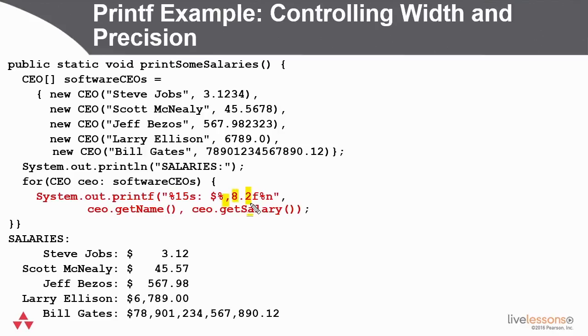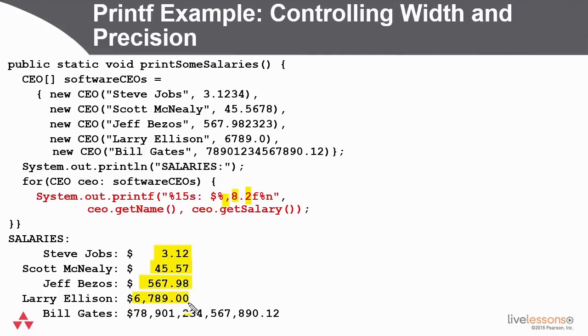But the 8 will not truncate. In other words, Java will never throw away the significant digits to the left of the decimal point. It's showing the wrong number. But throwing away the digits to the right of the decimal point is an approximation to the right number. So this lines up. This lines up.